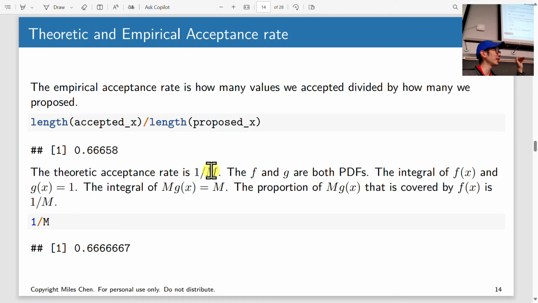So the area of m times g of x is 1 times m, which is m. The area of m times g of x that's covered by f is going to be 1 over m. So we're only going to accept basically 1 over m of those values. The proportion of m times g of x that is covered by f of x is 1 over m. So theoretically, this is how much we're going to accept. We accept around 2/3, and that's what we end up getting.